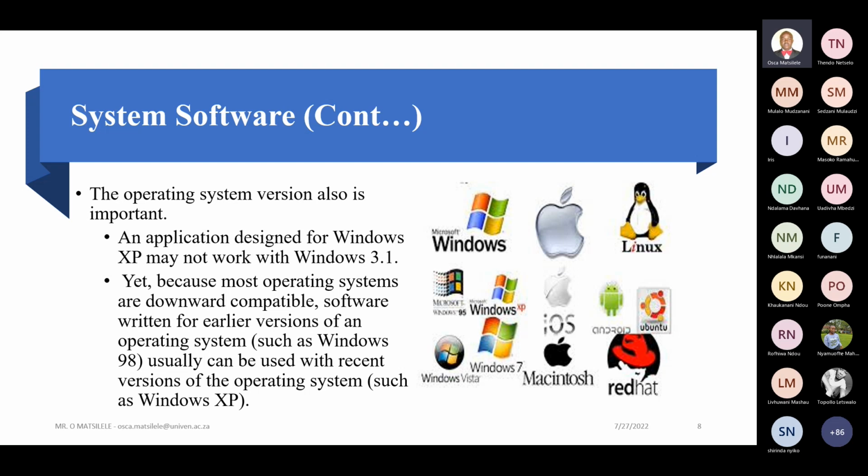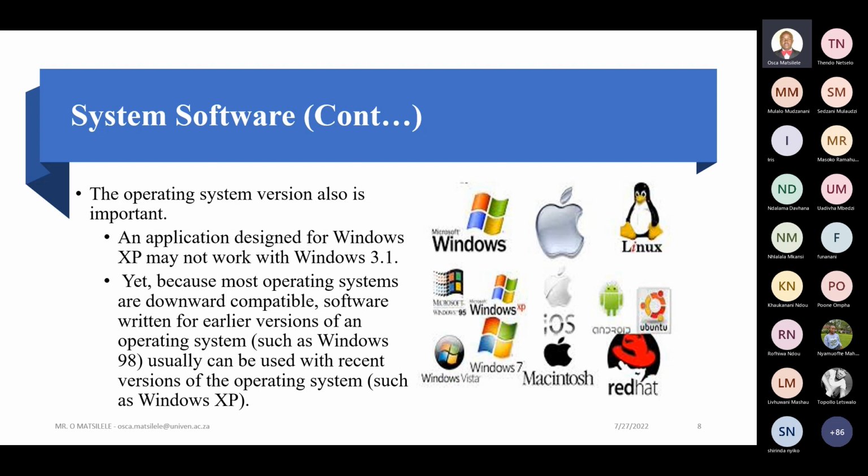You may buy application software designed for Windows XP, and now you are using Windows 7, 10, or 11, and you find that the software is not working. Then you blame the producer or the programmers, while the mistake is yours for buying software that is not compatible with your operating system.